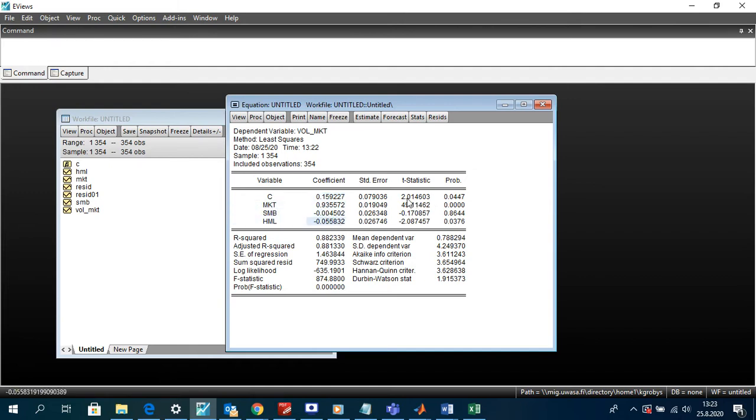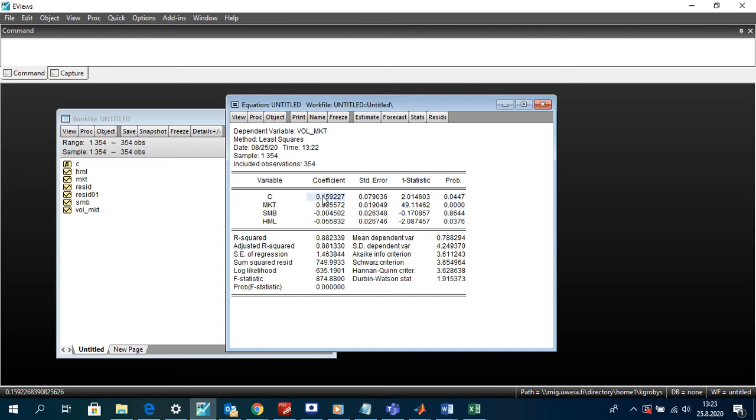The t-statistic of 2.01 indicates that we have to reject the null hypothesis that this point estimate alpha is 0, because the p-value is below 0.05. The statistic indicates that this point estimate of 0.16 is significant on a 5% level.